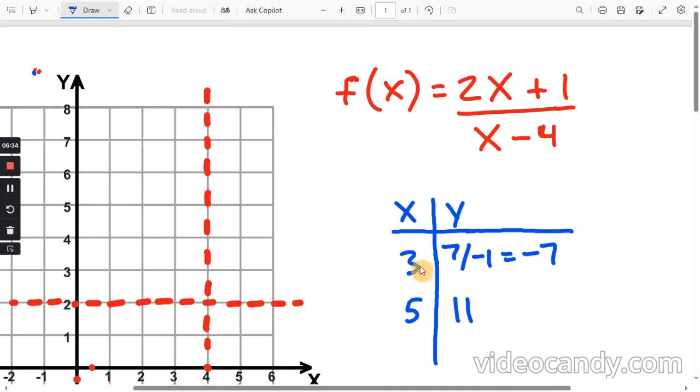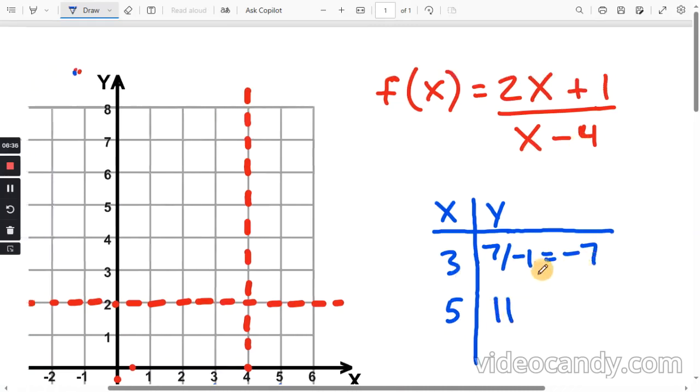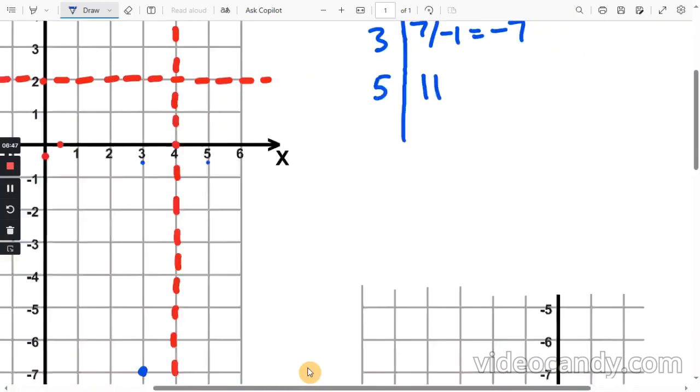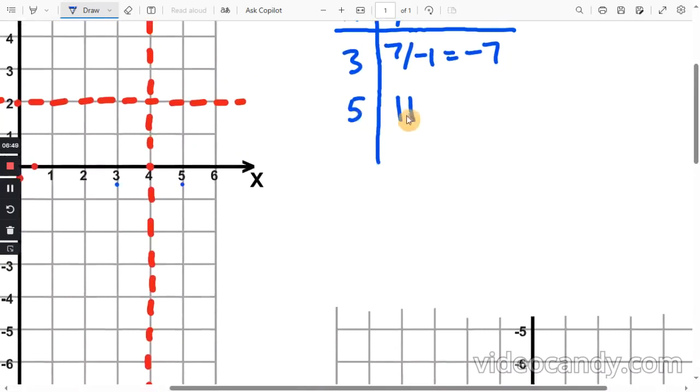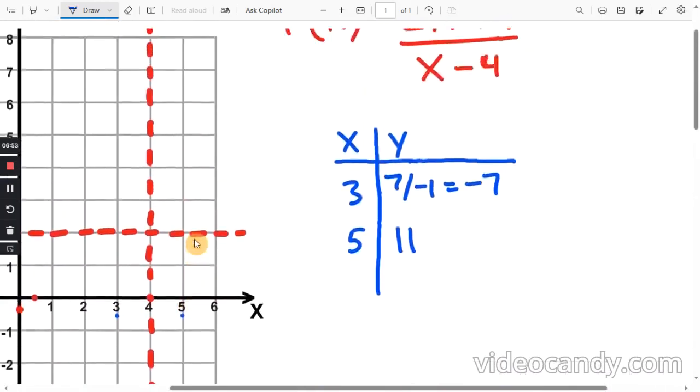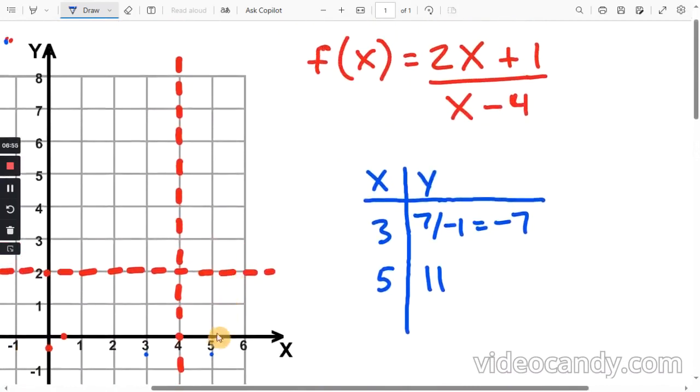Okay, so 3, comma, negative 7. All right, let's go to x equals 3 and y equals negative 7 right there. Okay, and x equals 5, y equals 11. So let's see, here's x equals 5. And the graph only goes up to 8.